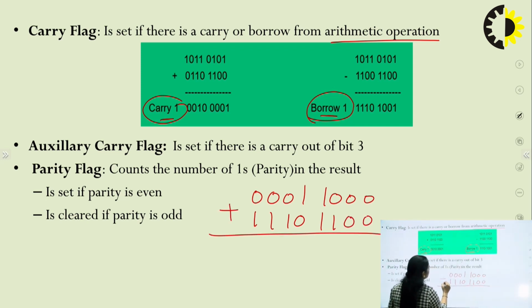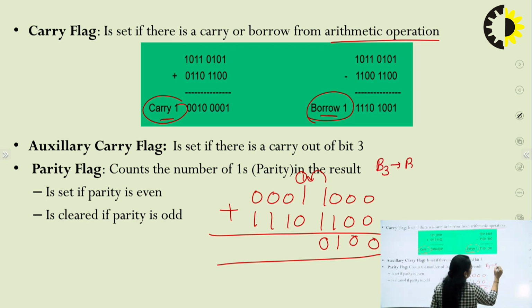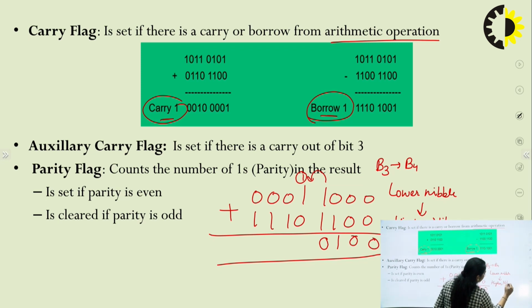When the carry travels from bit 3 to bit 4, from the lower nibble to the higher nibble, the carry generated between them is the auxiliary carry.